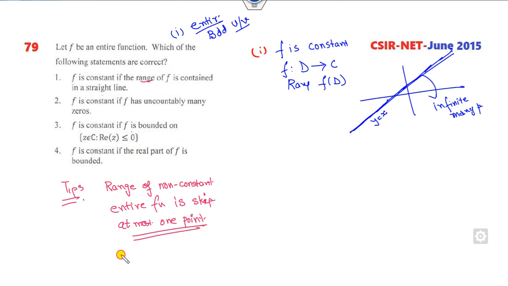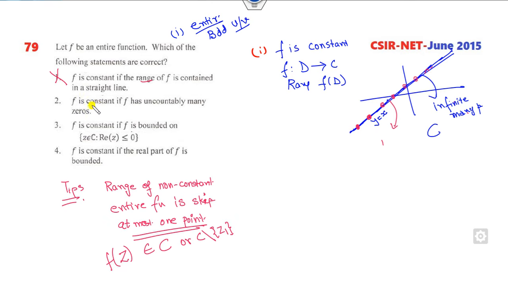The meaning is that the range of f is either the complete complex plane or it skips only one point, like say z1. But here, if I take any line, how many points of the complete C can it skip? It skips 2, 3, minus 2, and all those points. How many points are there? Infinitely many points. It means the function is non-constant. So this option about a constant function is cancelled.